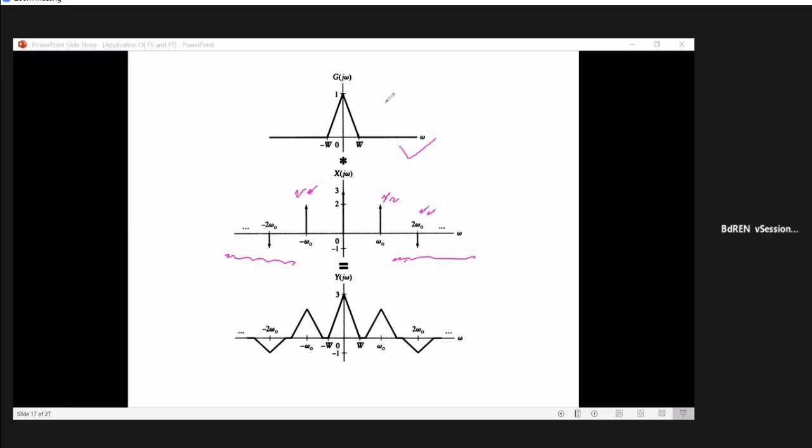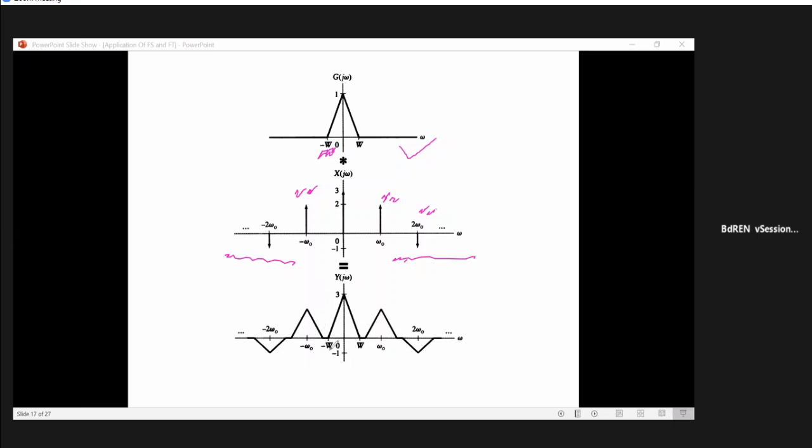Now this is g(t), a band limited signal with a bandwidth equal to W. Now, if we convolve them together, what will happen? We know that if we convolve an impulse with a signal, the signal is shifted to the location of the impulse.